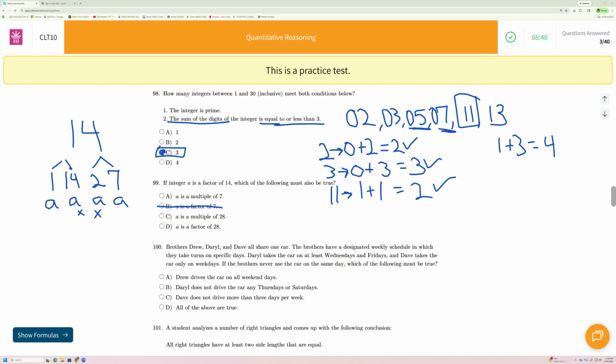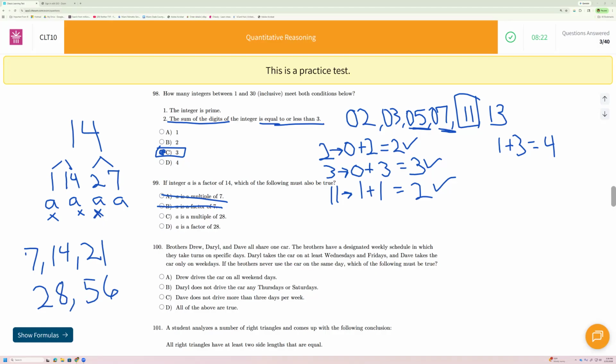Okay, these numbers must be a multiple of 7. So the multiples of 7 are like 7, 14, 21, and neither 2 nor 1 can be that. So it's not a multiple of 7, much less a multiple of 28, because it's going to be 28, then 56.